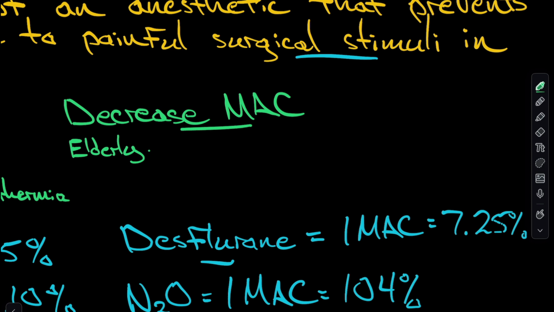So we already said that elderly patients can have decreased MAC requirements. Kind of thinking in the opposite of what increases MAC requirements, if someone chronically is on stimulant use, then their baseline would be like a more depressed state, so they would have decreased MAC requirements.